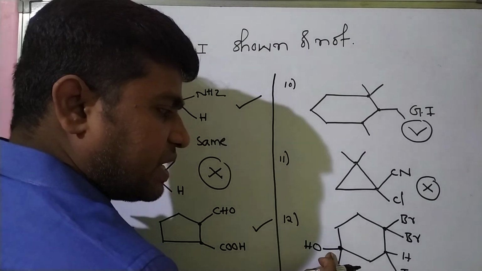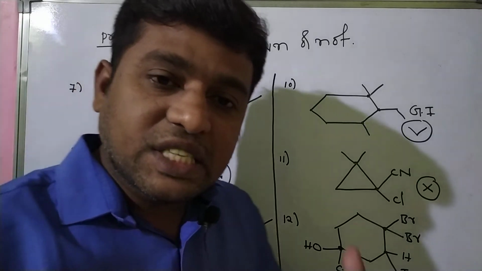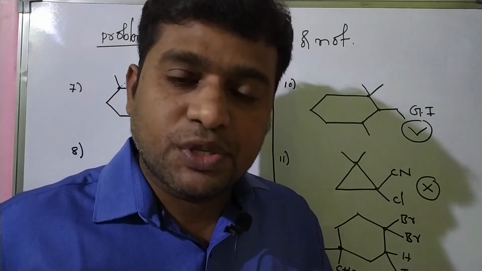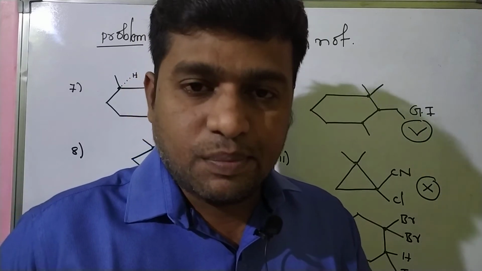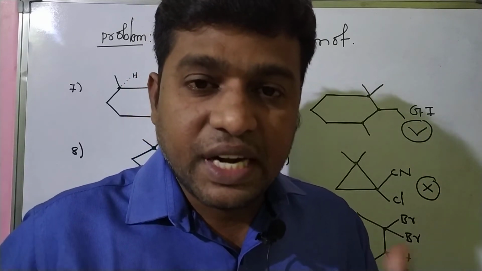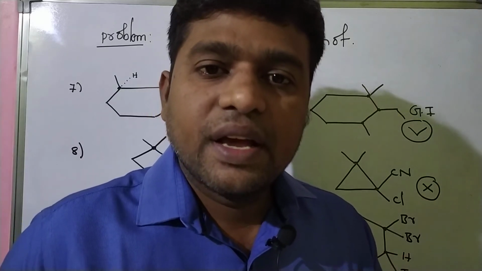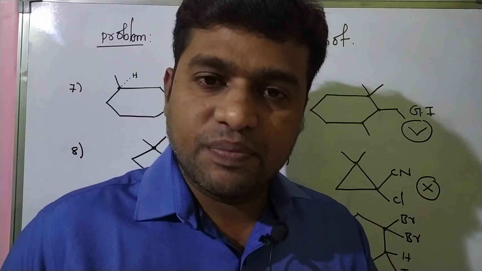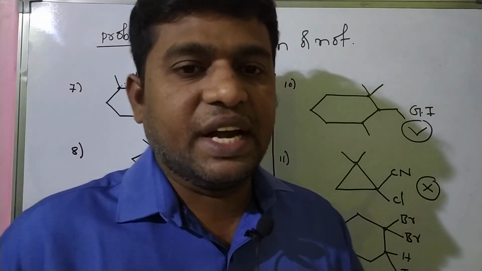But if the given cyclohexane has more and more substituents, at least 2 carbon atoms having different groups, definitely the overall result must be geometrical isomerism. Means that compound will give geometrical isomers. Okay, understanding?